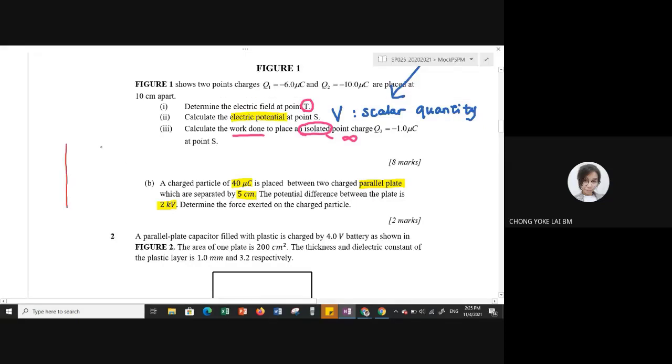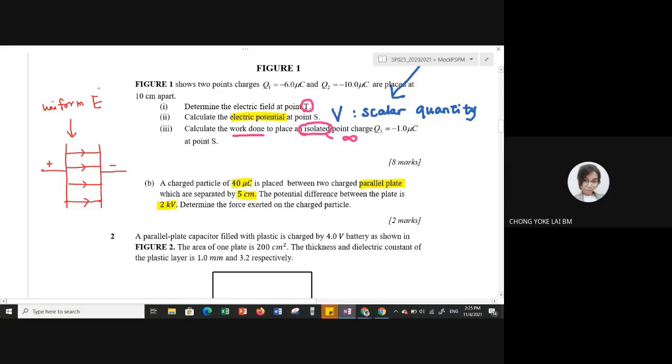So kita ada parallel plate. So anda akan faham kalau parallel plate, dia mesti hasilkan uniform electric field. Kalau ni plate positif, ini plate negatif, electric field line keluar dari positif masuk ke plate negatif. So dia adalah uniform electric field macam ni.